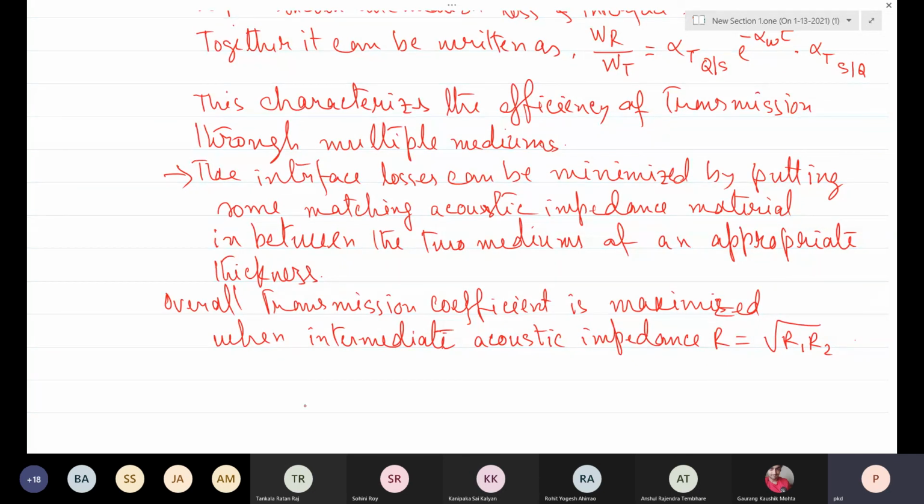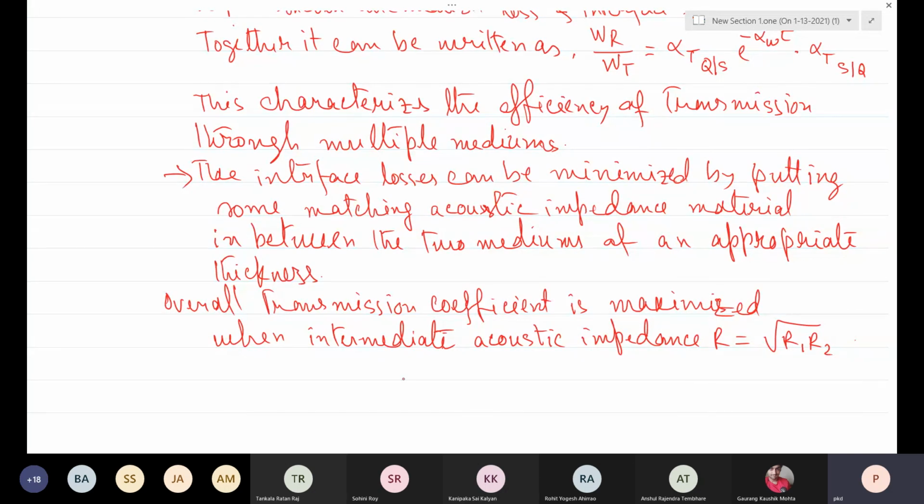However, these are important for designing instruments. Suppose you have a hydrophone, which is submerged in the water, and through that the signals are given, maybe in case of submarine transmission.